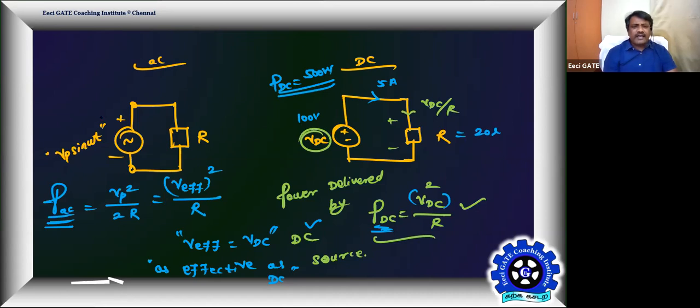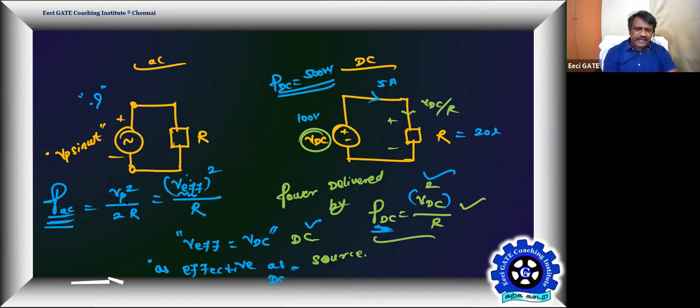Can you tell me what is my AC signal that will deliver the same power as the DC source? Give me the value of the AC signal which will deliver the same power as your DC source. That value of the signal we call V effective. So tell me what is V effective of this AC source, as effective as your DC.